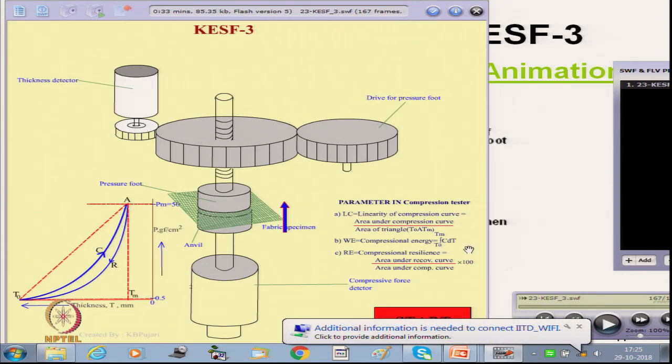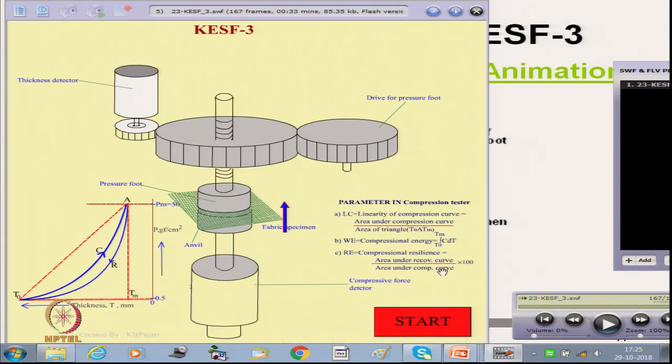And RC is the compressional resilience, which is the area under the recovery curve divided by the area under the compression curve. So, that way we can get all the data.